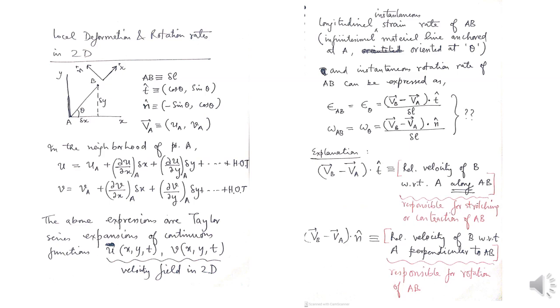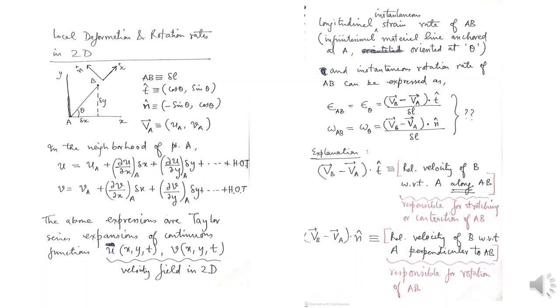If you displace yourself from point A, then the velocity u will be equal to uA plus the partial derivative of u with respect to x at point A multiplied by delta x, plus partial u by partial y at A multiplied by delta y, and the series is actually infinite with higher order terms. HOT means higher order terms.